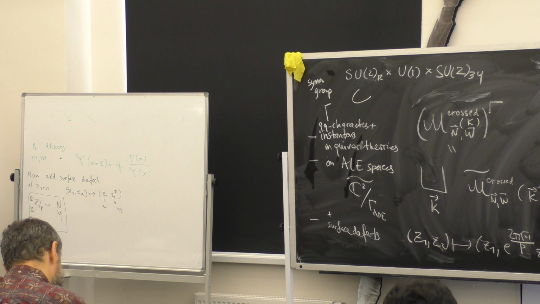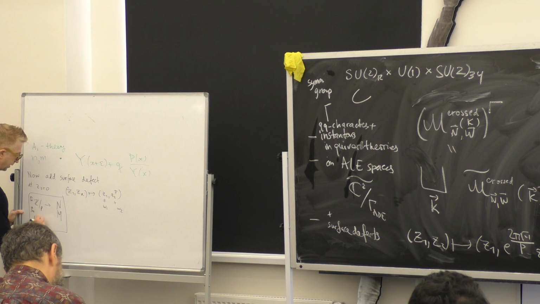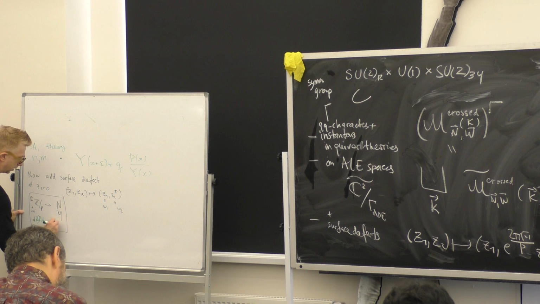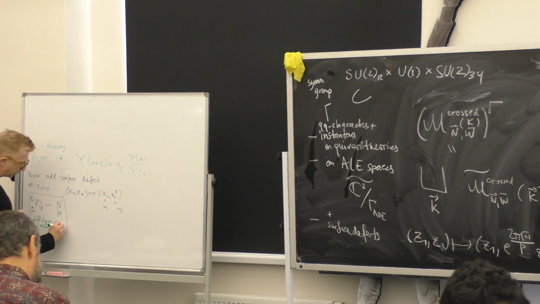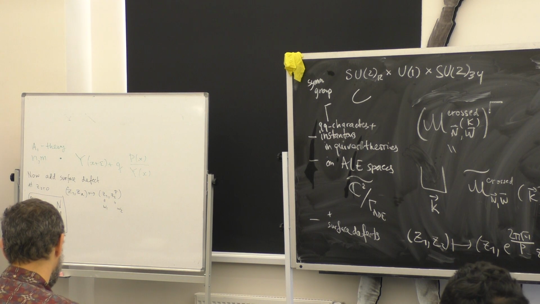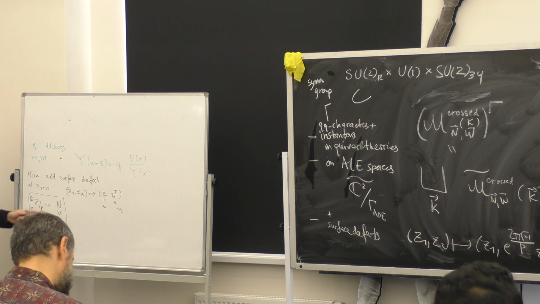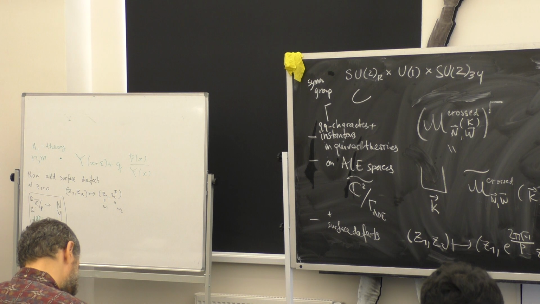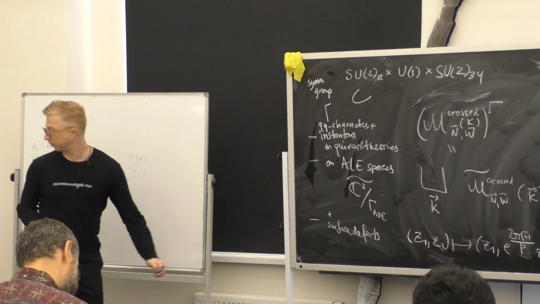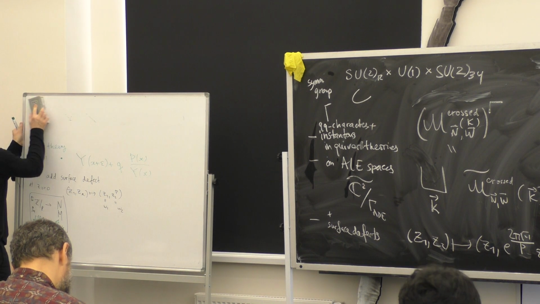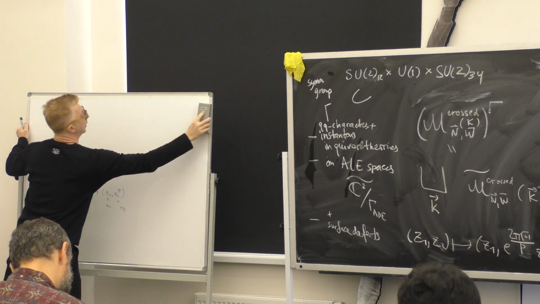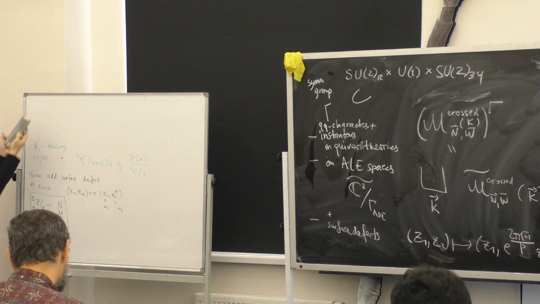So these are different types of surface defects. They break the gauge group to the subgroup which commutes with the image of this homomorphism. One example which is interesting is the so-called regular defect.